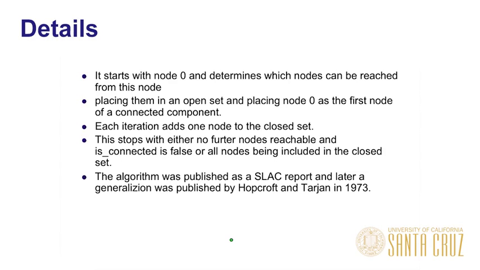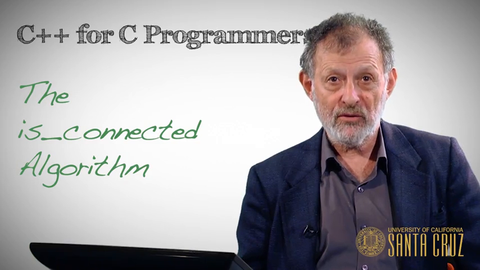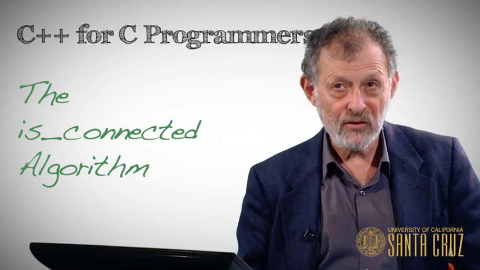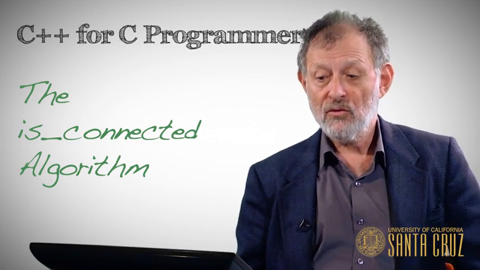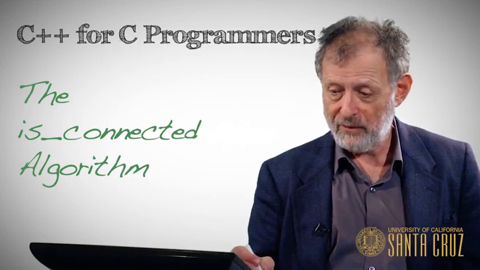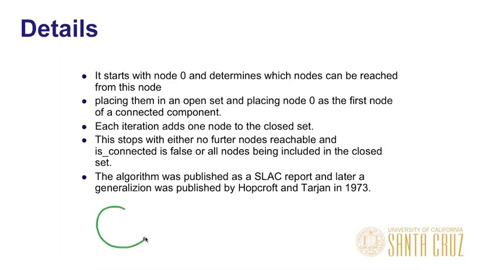We will assume that node 0, think of our map before, San Francisco. If I'm sitting in San Francisco, I've reached San Francisco. So San Francisco is automatically connected to San Francisco. So we're going to have this initial set, and in that initial set, we'll put the node 0.